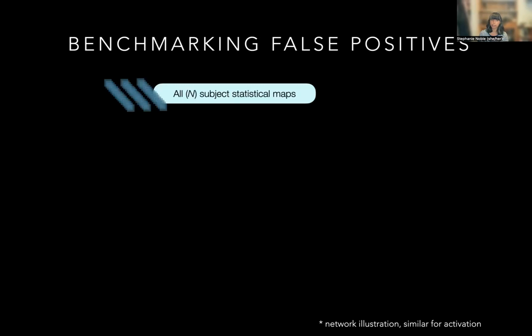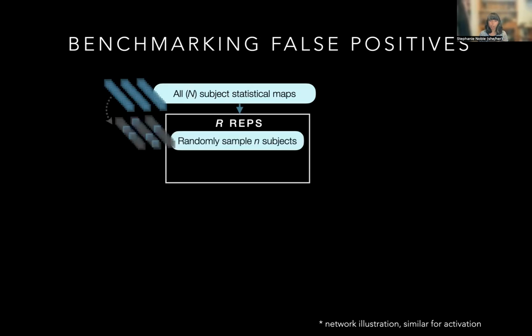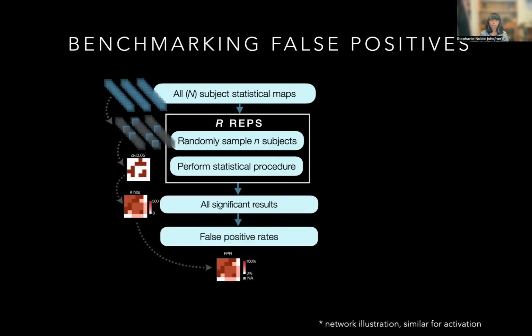So we might start with all statistical maps, and just note these next few slides will talk about how we can estimate errors in the network context, so functional connectivity. But I just want to note that it's the same procedure for activation maps. So we start with all of the maps across all subjects. And for some number of repetitions, we'll randomly subsample some group of subjects, and then we'll perform a statistical procedure using one inferential procedure.